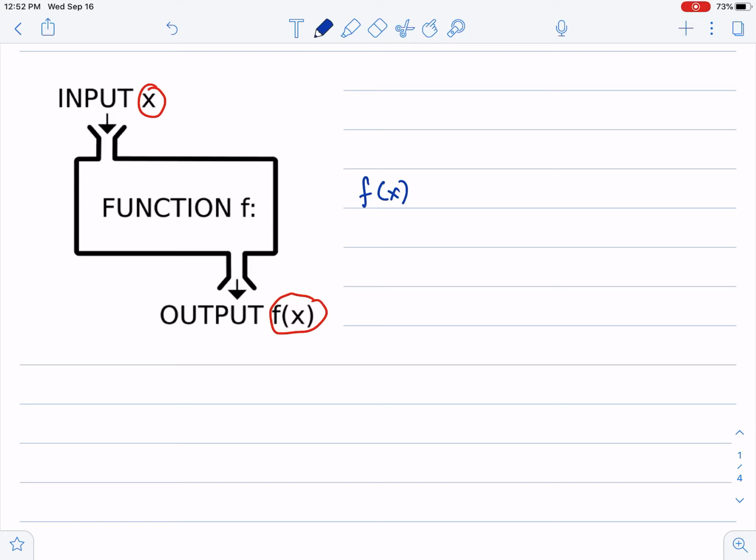So, ang f of x, no? I think na naririnig nyo na sa akin. Ang basa dyan ay f of x. So, read as f of x. At yung kanyang meaning ay the value of f at x.